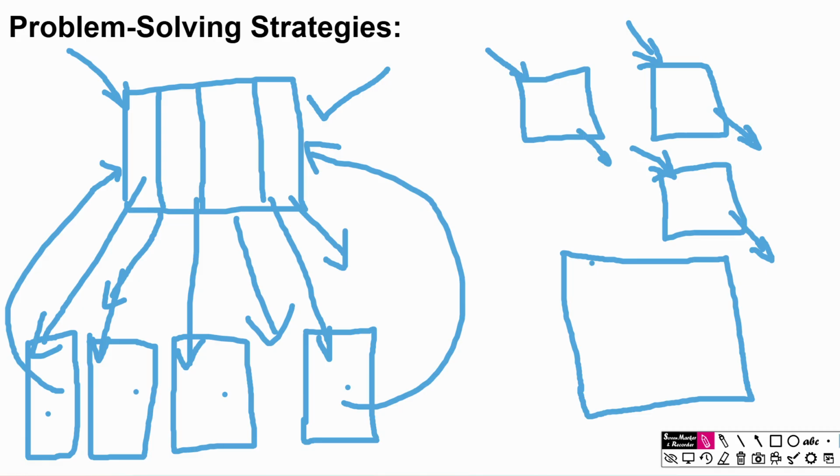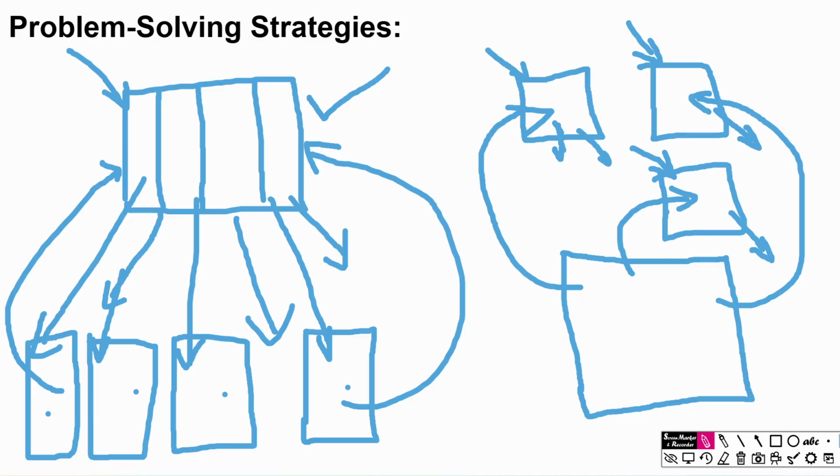The code is already available in a subprogram, so it will call that subprogram and the output will be generated by the subprogram. Similarly, it will call another subprogram and another subprogram. All these subprograms give output that is stored in the main program, and here we get the final output.